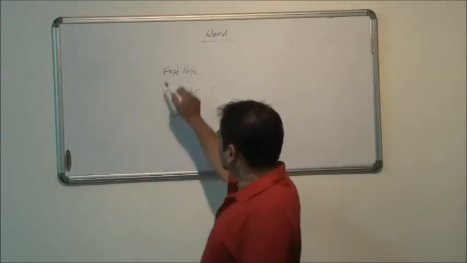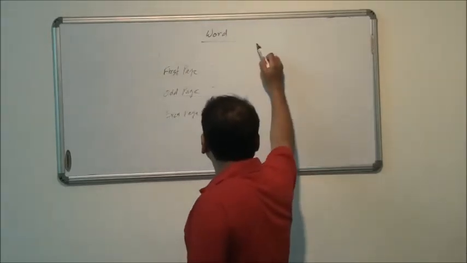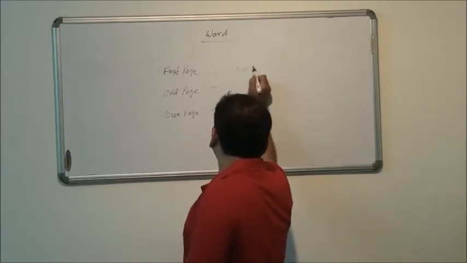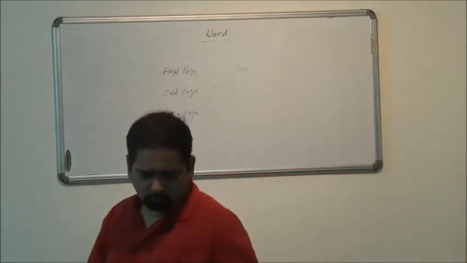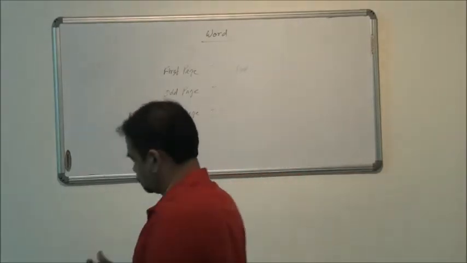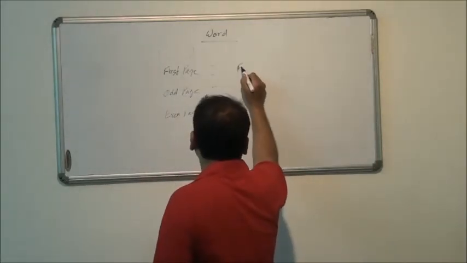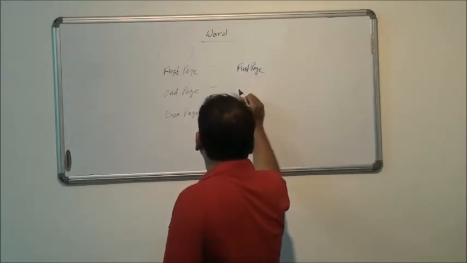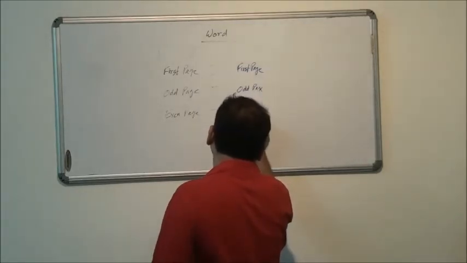Correct? If this is, let's say, your section number 1, let's go to section 2. In section 2 again you will have first page, so again you have got the first page here, you have got an odd page here, and you have got an even page here.